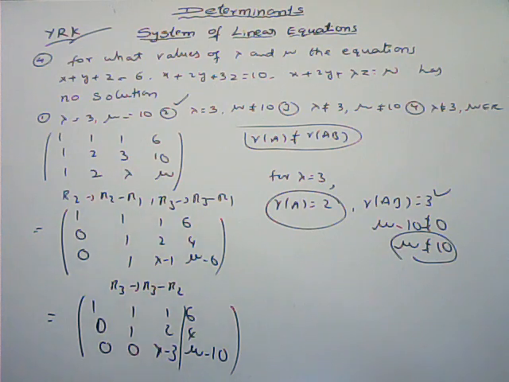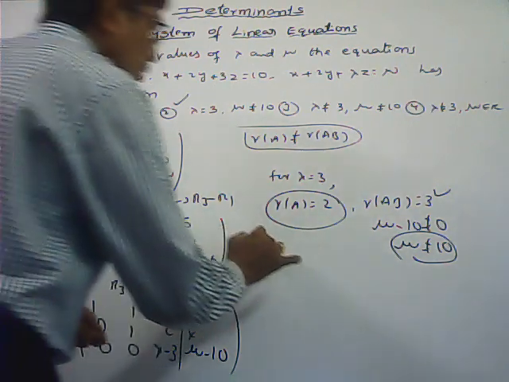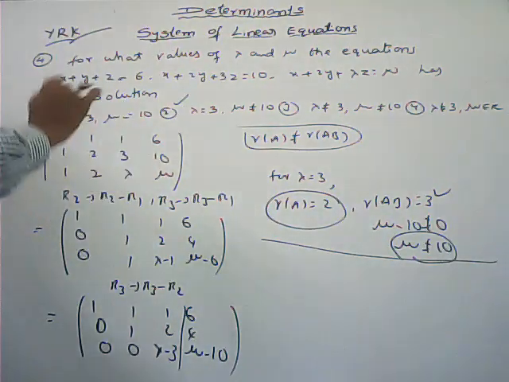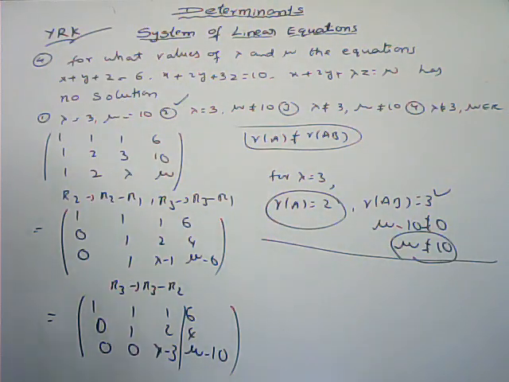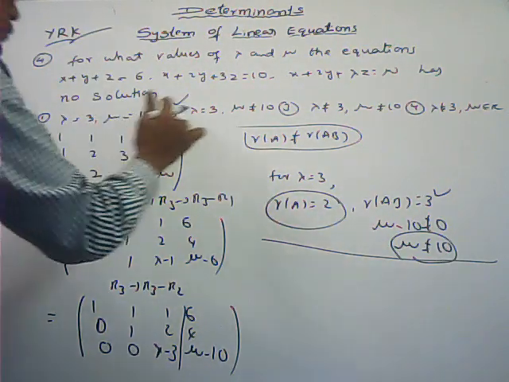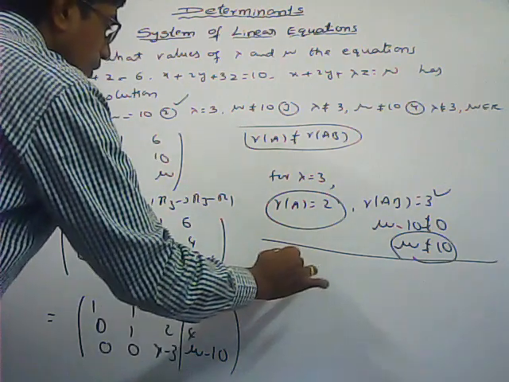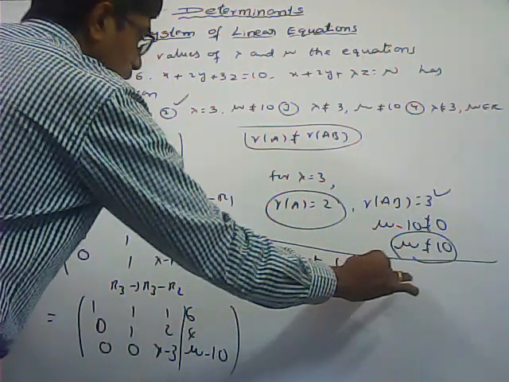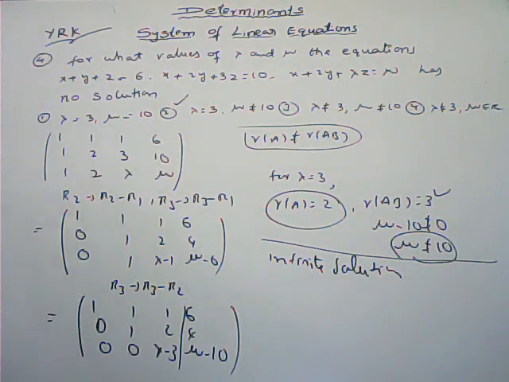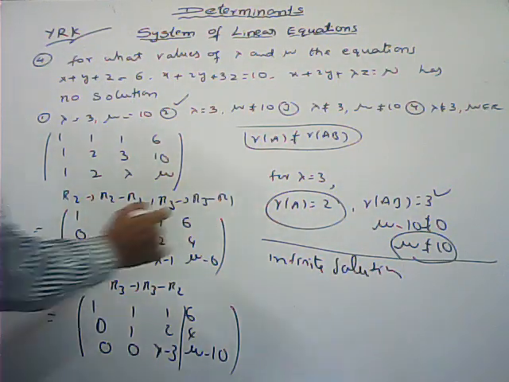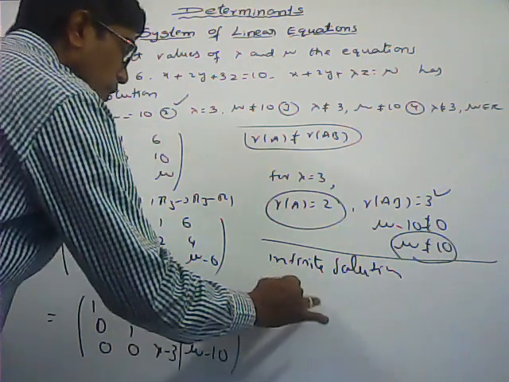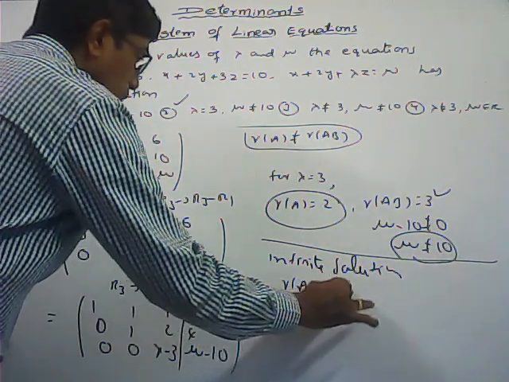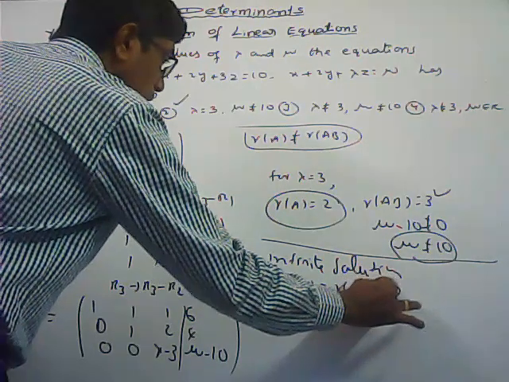Here only we can discuss one more also. Here no solution, that is given. Additionally I am adding that one. If infinite solutions are there, then what are the values of lambda and mu? Here rank of A should be equal to rank of augmented matrix, both are equal to 2.